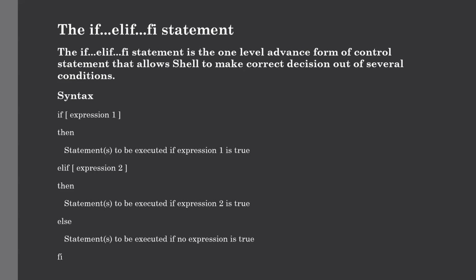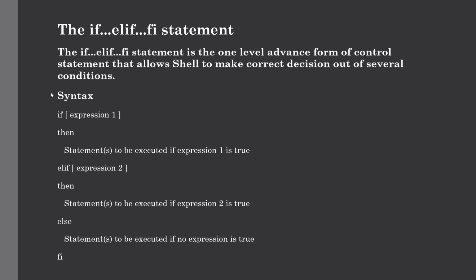And our last if else statement is an elif statement. The elif statement is an advanced form of a control statement which will allow the shell to make the correct decision out of several conditions. So here in this given syntax, we have given two expressions, first in the if and second one in the elif.